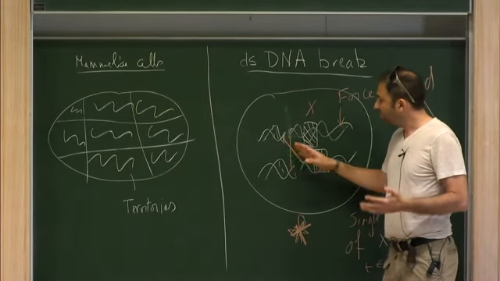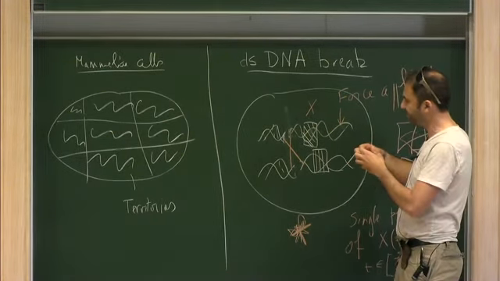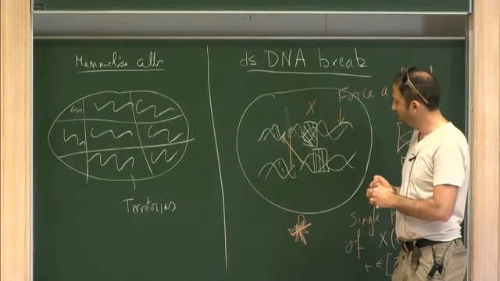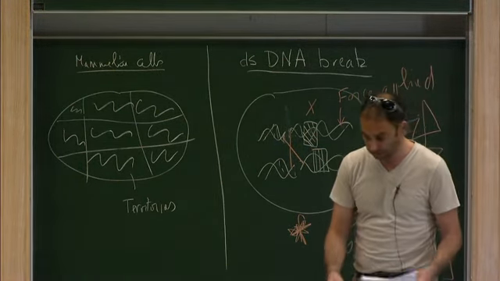That's why most of the time the cell triggers apoptosis, not to engage into this impossible division. All right, so this is the motivation of what we want to discuss.